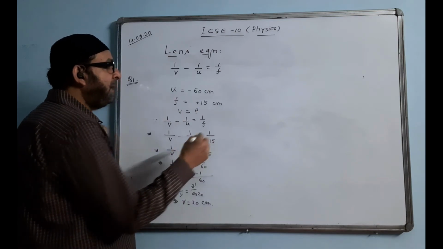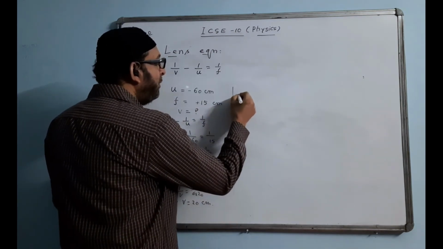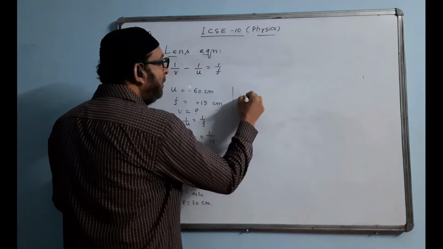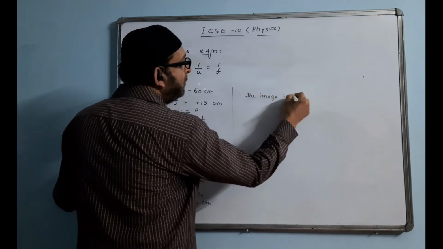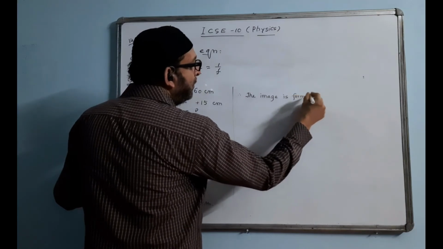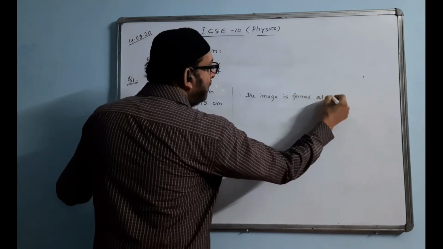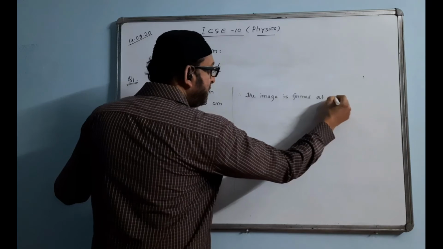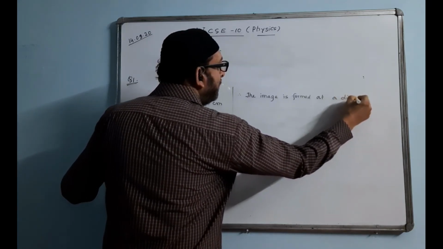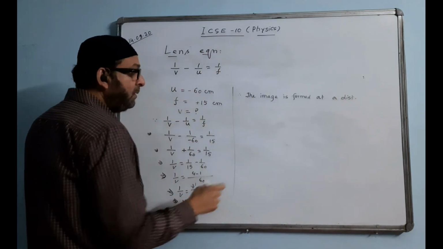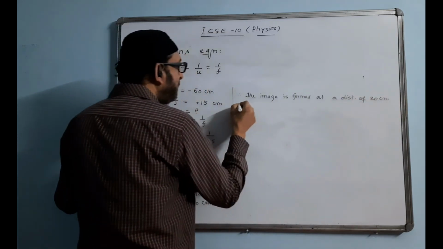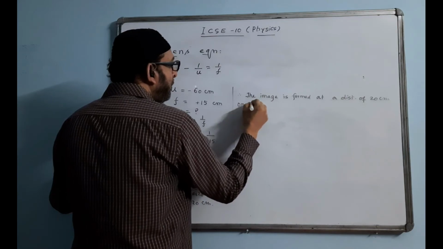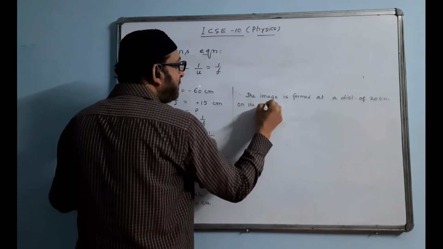Now we will write the answer. Therefore, the image is formed at a distance of 20 centimeter on the other side of the lens.